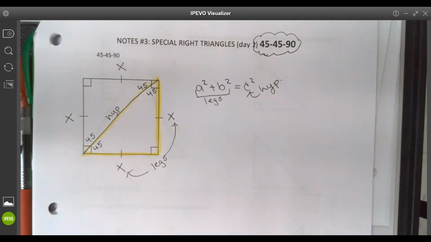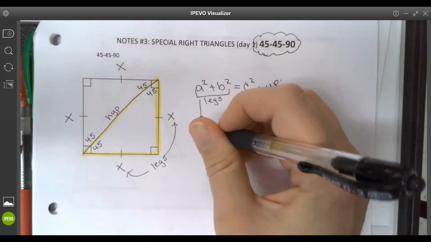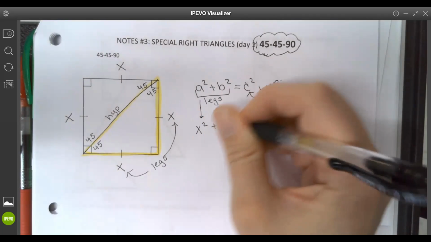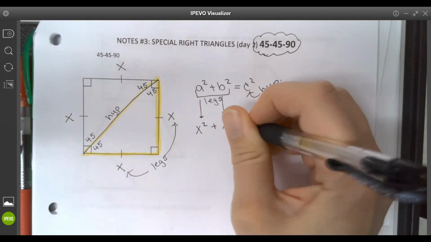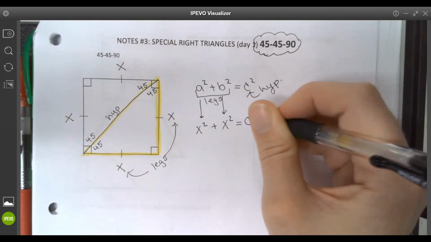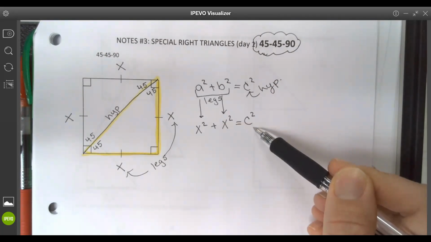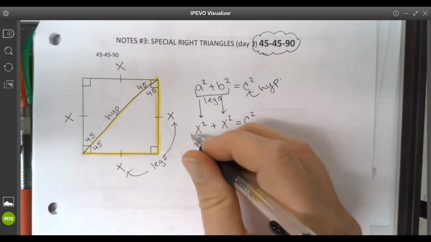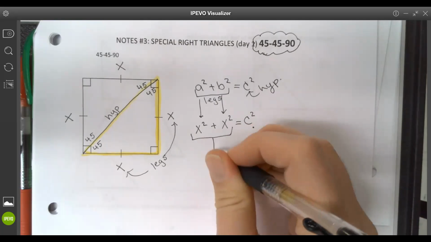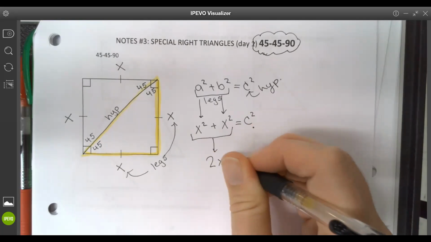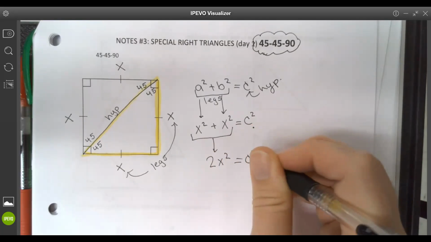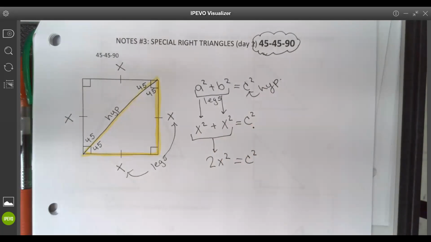So if I substitute in what I have currently, I could say that x squared plus x squared equals, and we don't have a variable here, but equals that hypotenuse squared. These are like terms, so 2x squared would equal the hypotenuse squared.